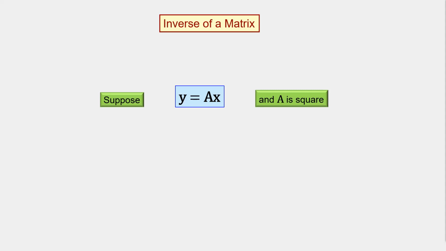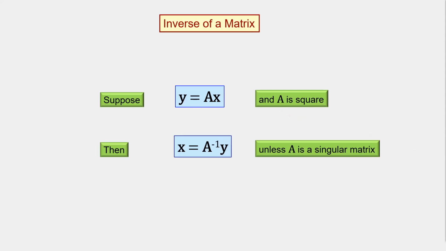Inverse of a matrix. Now this is getting close to the heart of what PEST is all about. Suppose we have this relationship that the vector y equals the operation of A on x. Suppose also that the matrix A is square.